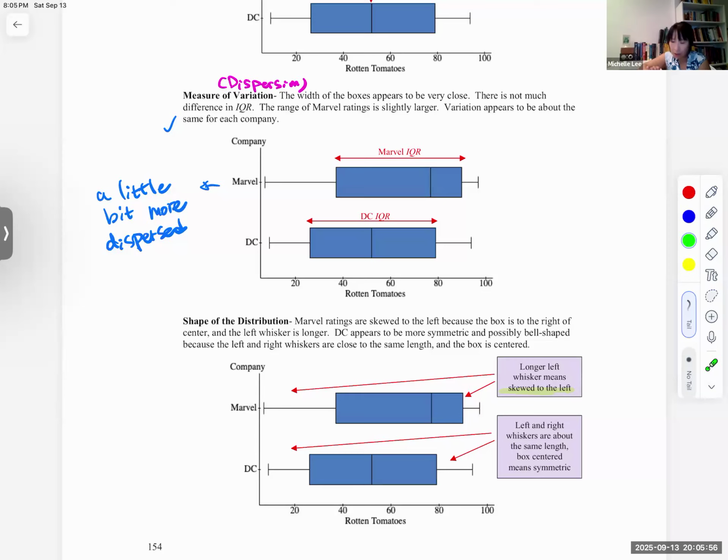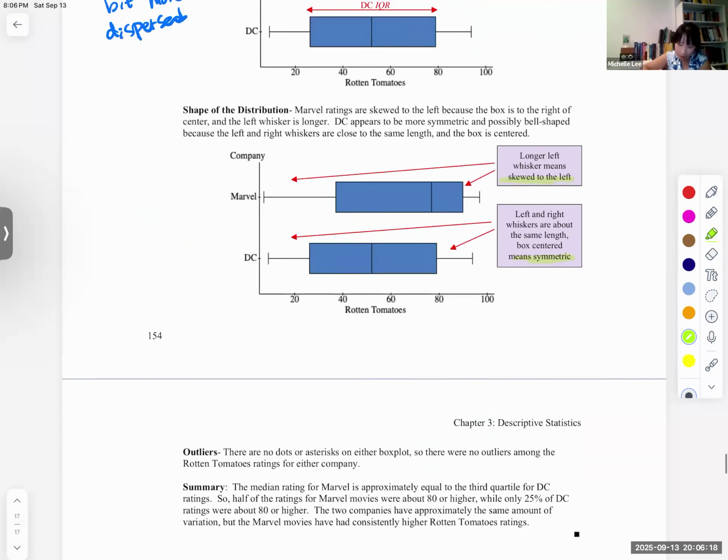So we can say that the bell shape was symmetric, right? Yeah. Okay. That's it. Symmetric. All right. So, outlier. We don't see any outlier, right? Okay, so we don't see any outlier.